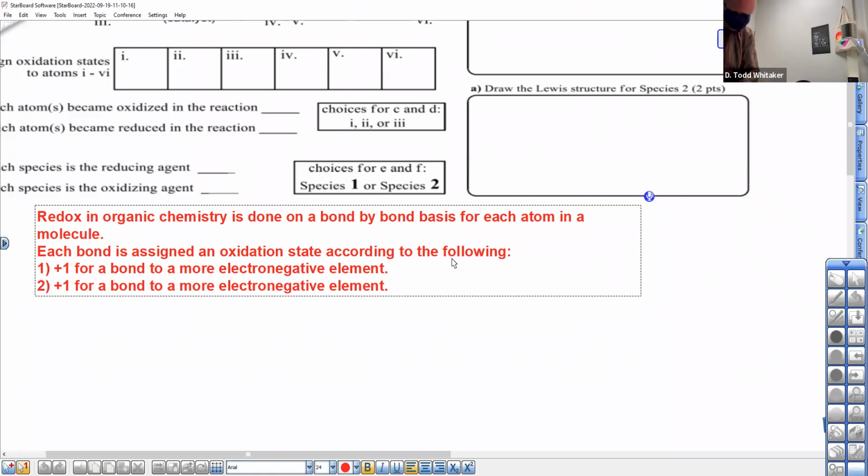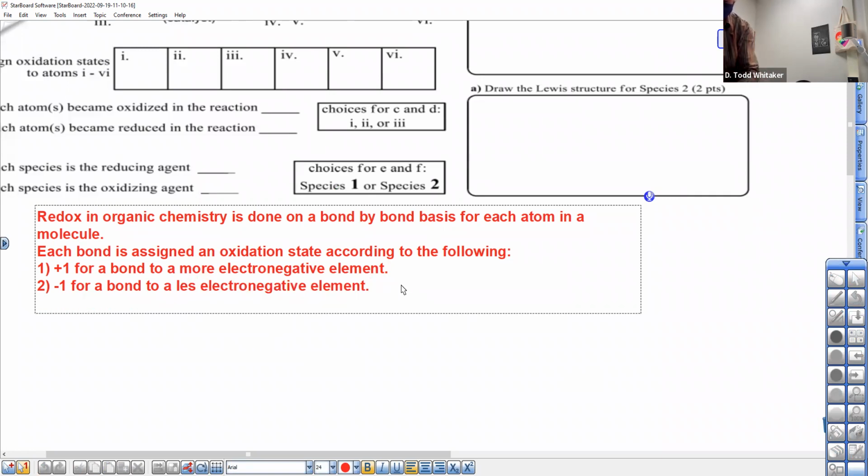2, -1 for a bond to what kind of atom? Yes. And what do you think if the electronegativity is the same? 0. +0. How about -0? Just kidding.